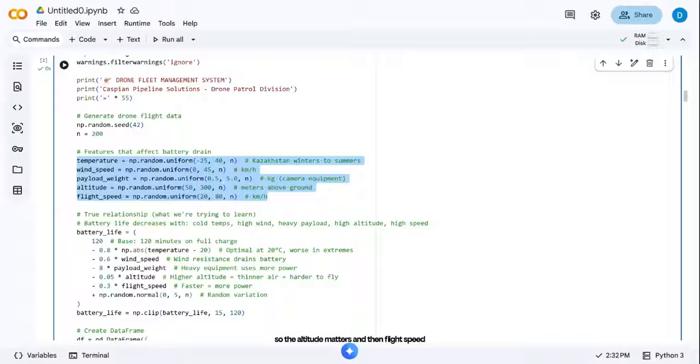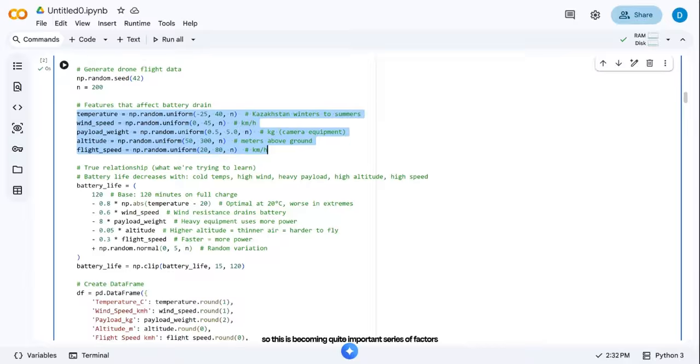So altitude matters. And flight speed: whether you want to fly at 60 kilometers an hour, 30, or 10, it all depends, so speed also affects the overall flight time.